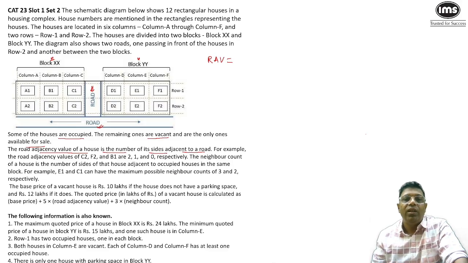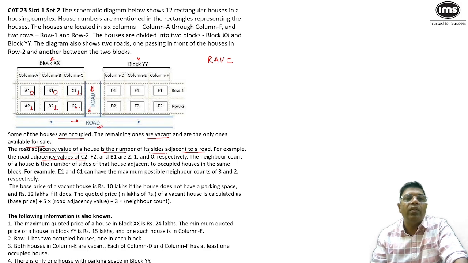to your house. It gives an example also, like the road adjacency value of C2 is 2. C2 is here. One road is this, one road is this. So in this way, I can actually calculate a road adjacency. Like A1 road adjacency value has to be 0 because no road is connected. B1 is again 0. C1 is 1. A2 is 1.